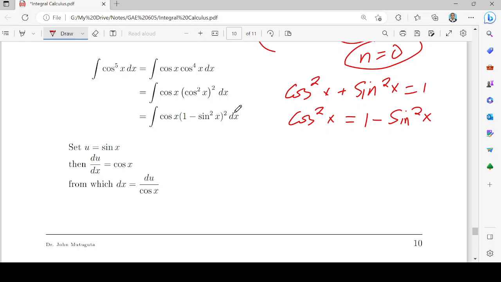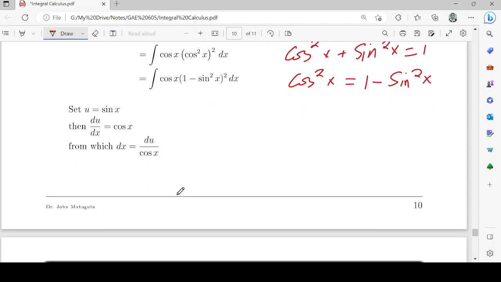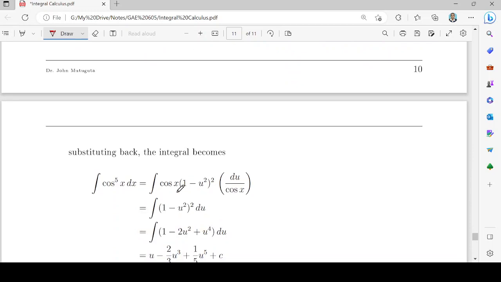Then dx is equal to du all over cosine of x. And therefore our integral, we have cosine of x, 1 minus u squared, the whole of this raised to power 2, then du over cosine of x. And clearly the cosine cancels out, and then we are left with 1 minus u squared raised to the power of 2 du.